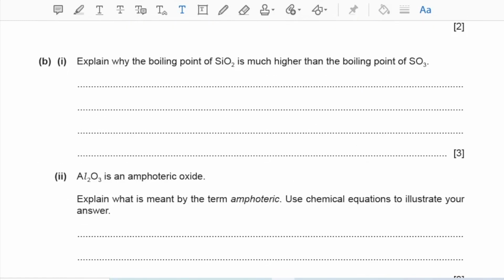Part B1. Explain why the boiling point of silicon dioxide is much higher than the boiling point of sulfur trioxide. This is due to silicon dioxide having stronger bonds.